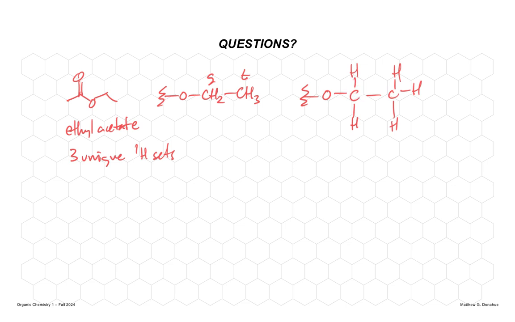They're talking through that sigma bond system. And so I'll crudely draw a quartet here. So quartet, triplet, that spin system is coupled. The CH2 talks to the CH3, the CH3 talks to the CH2.